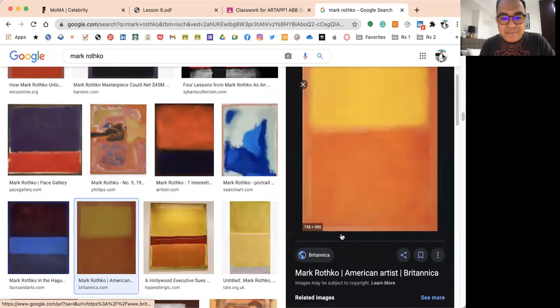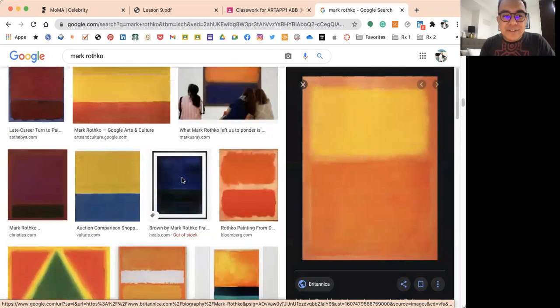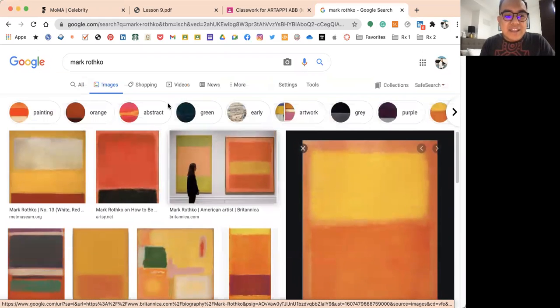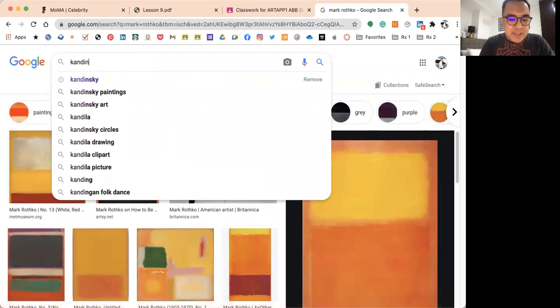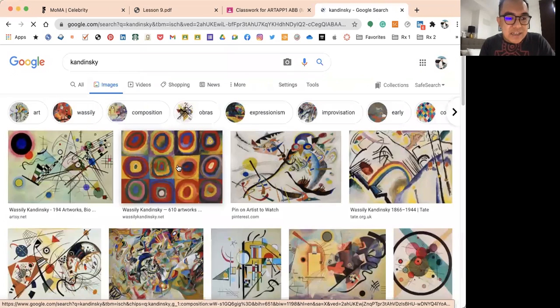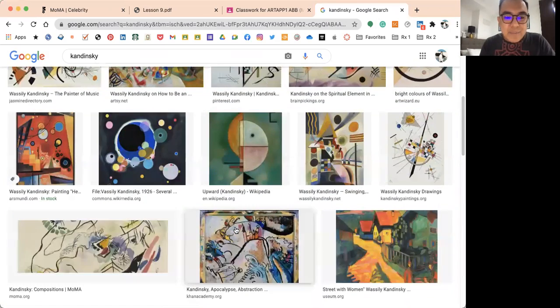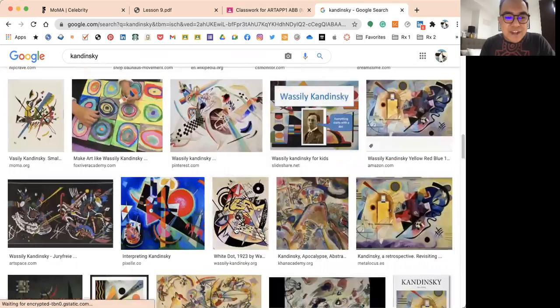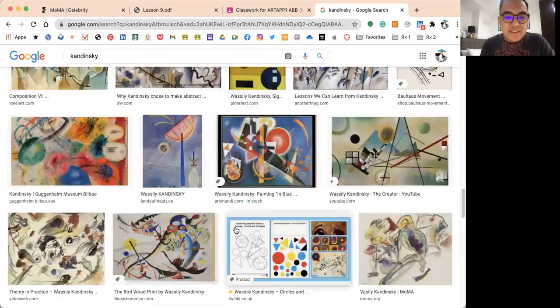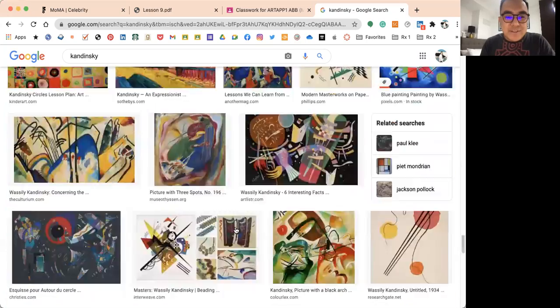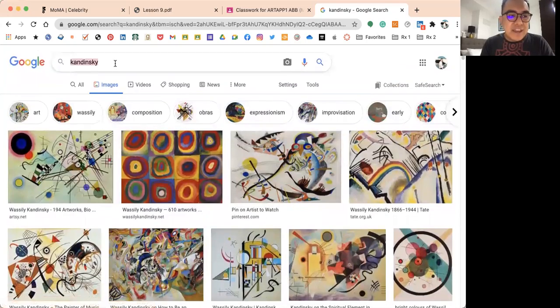I love this. It's my favorite Rothko. Ayan. Or we can also look into Kandinsky. You remember Kandinsky, abstract versus abstraction, so he is abstract. Just by googling, you already have an idea.